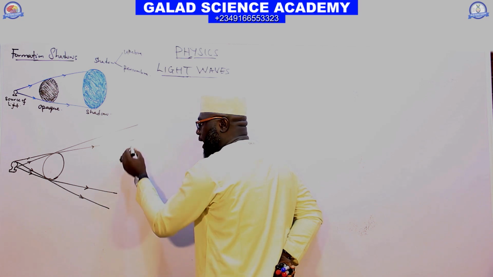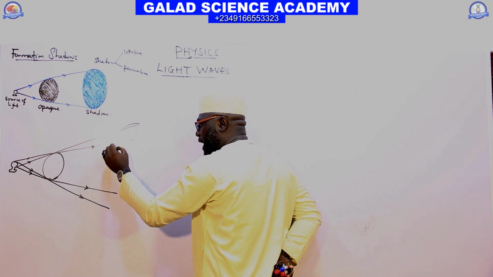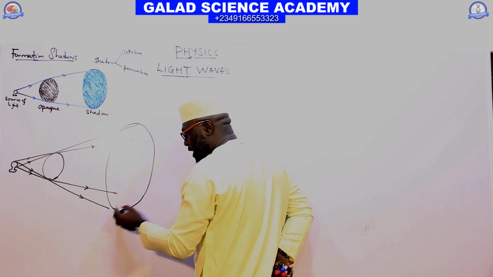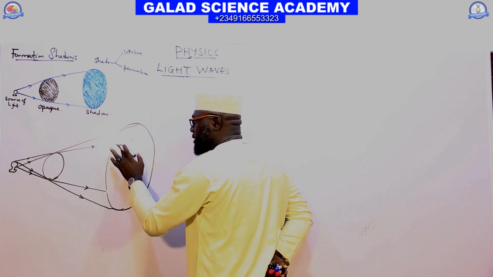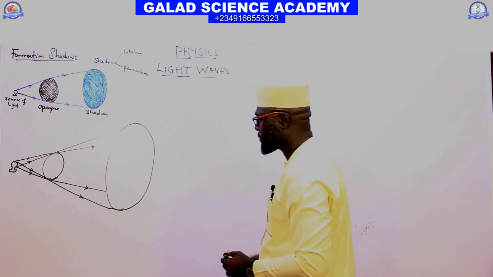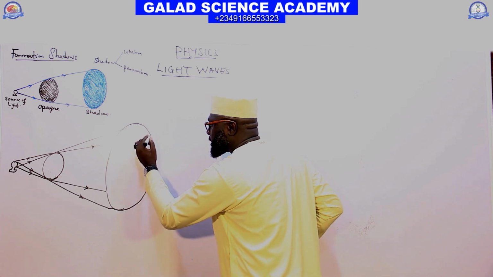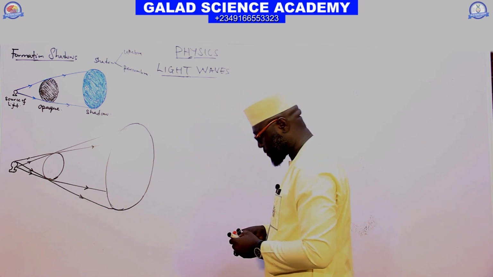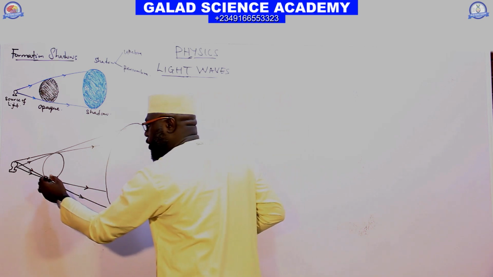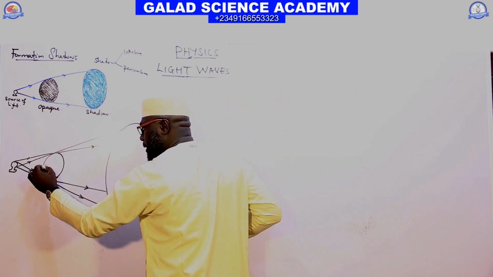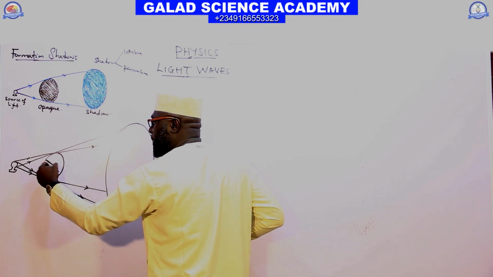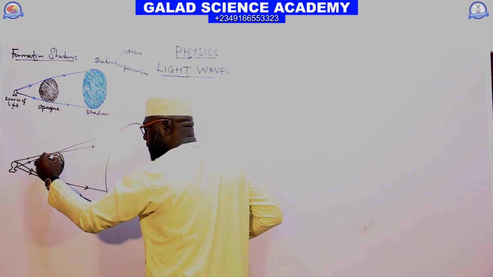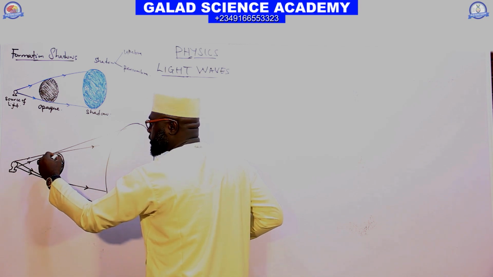So at this place, we can have our shadow. The shadow of this object forms like this. This is the opaque object.